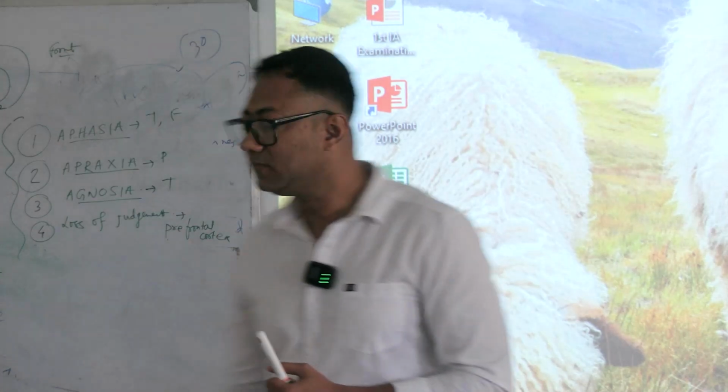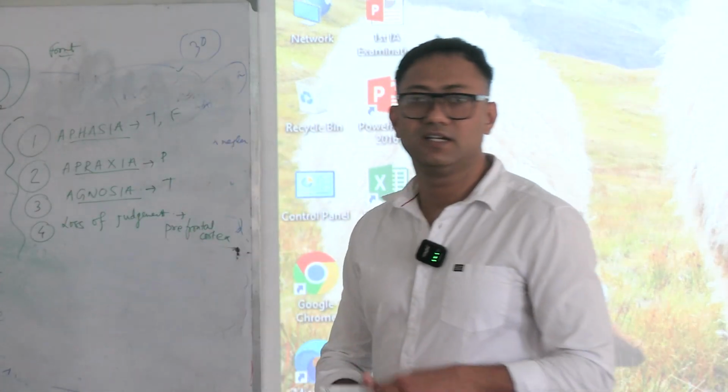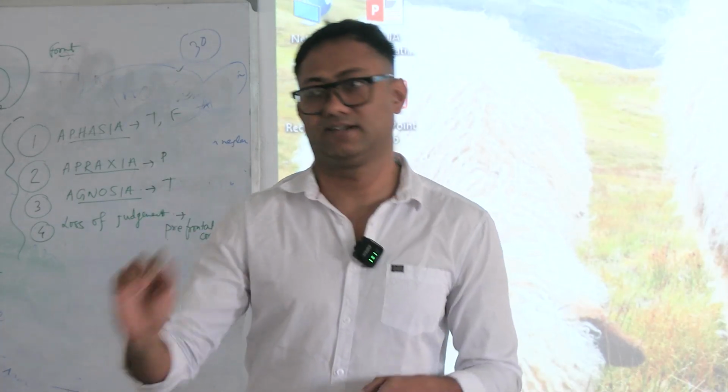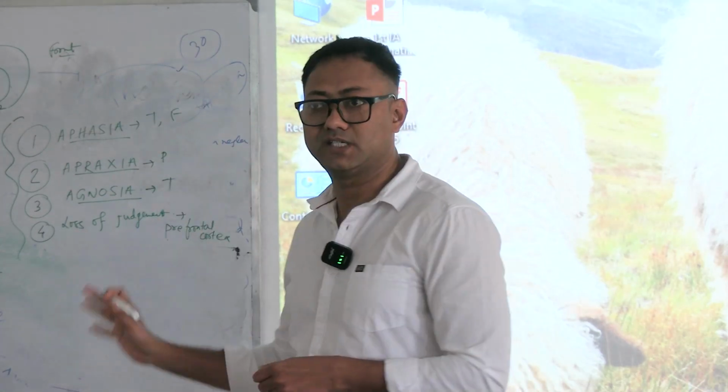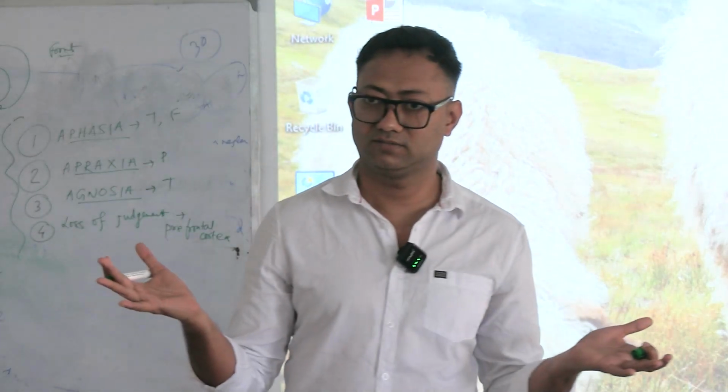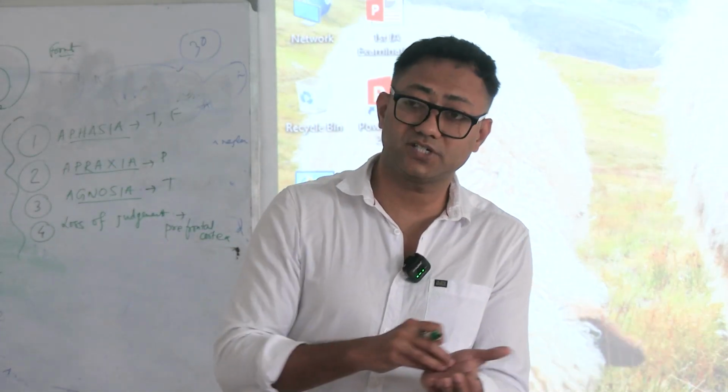Okay, and what is Broca's aphasia? Patient is understanding everything but can't speak. Okay, maybe the patient will be able to write. Okay, so this is Broca's aphasia. Patient can't answer in spoken language. ठीक है, this is Broca's aphasia or motor aphasia.